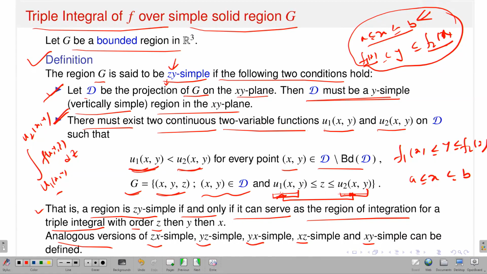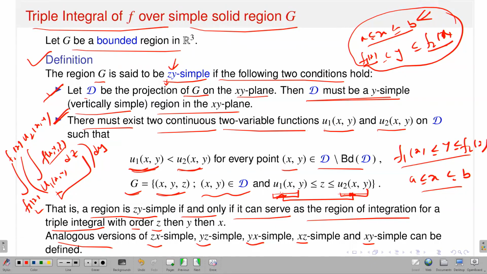Now in the xy plane, what sort of domain do I have? I have a vertically simple domain. That means y varies from some function of x to some function of x, f1 to f2, and x varies from a to b. Then next I have to perform the integration with respect to y. It will give you a function of x. So I integrate from f1(x) to f2(x), with the same integrand inside a bracket, and perform the integral with respect to y, keeping x fixed.